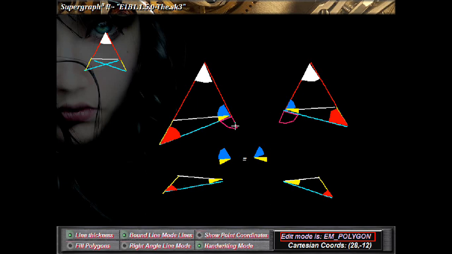Well, everything about the triangles is the same. Now, wait a minute. The little triangle is this one. This is the big one.